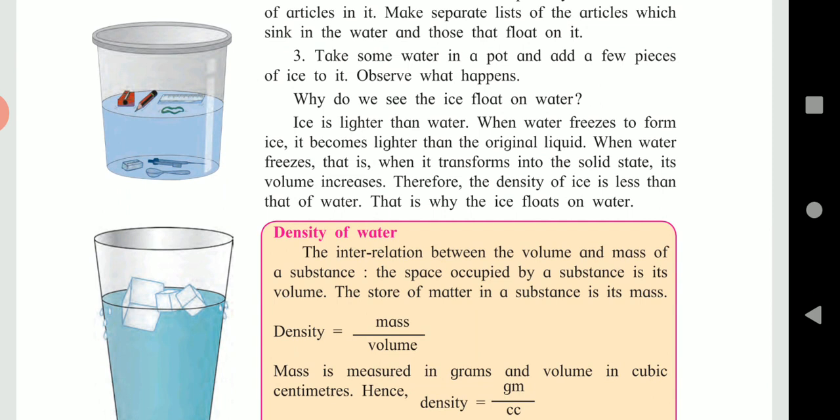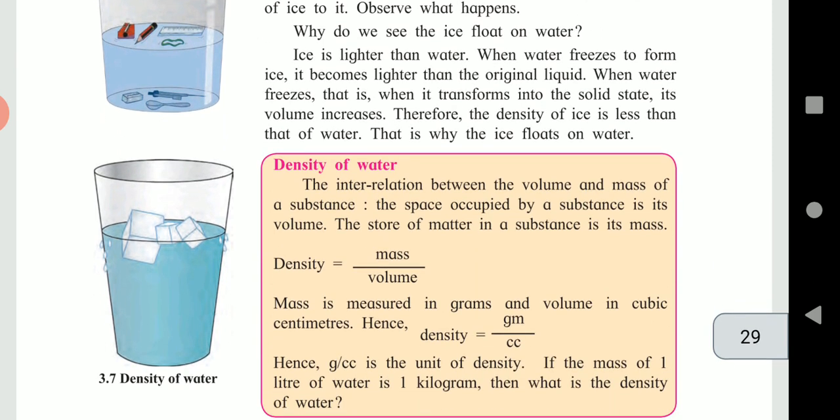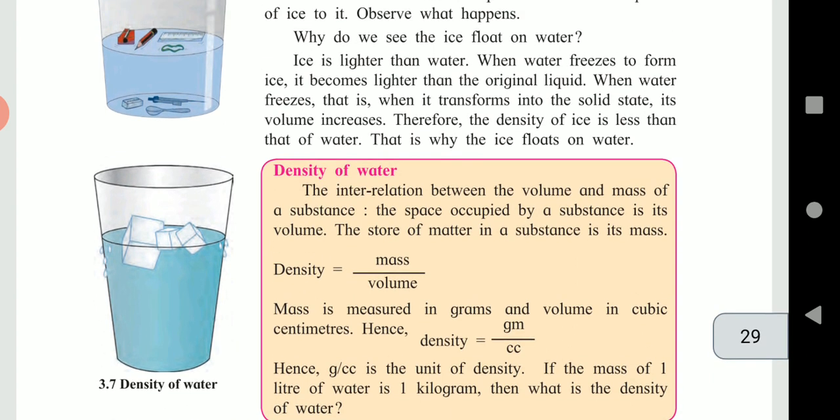The articles which float on water are lighter than water. That's why they float on water. And the articles which sink in water are heavier than the water. That's why they sink in the water. Whether articles float or sink in water is related to the density of the substances.